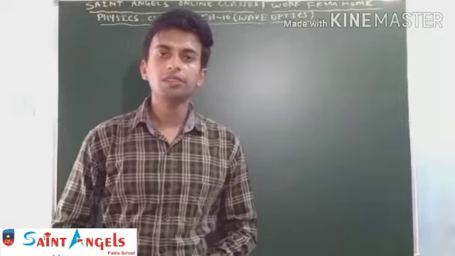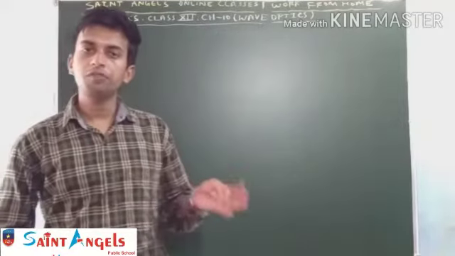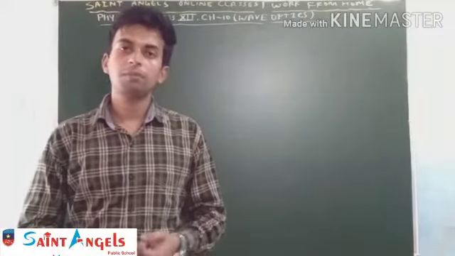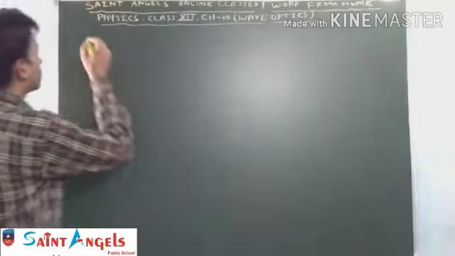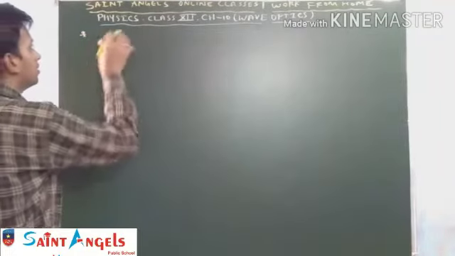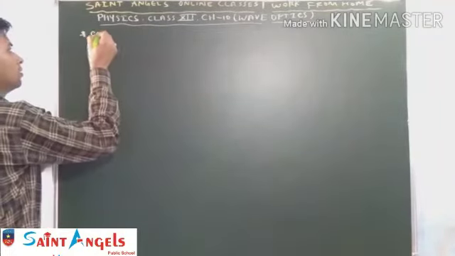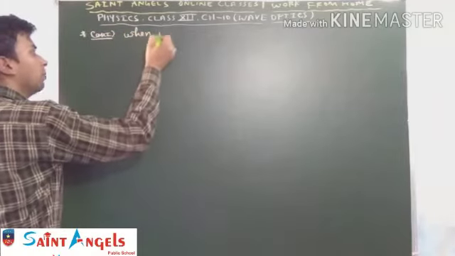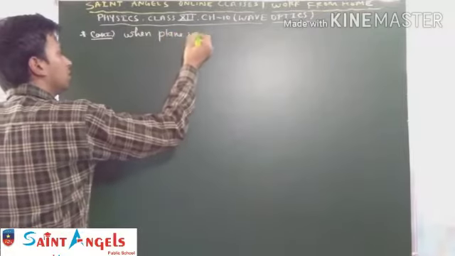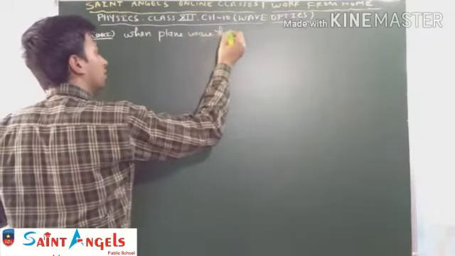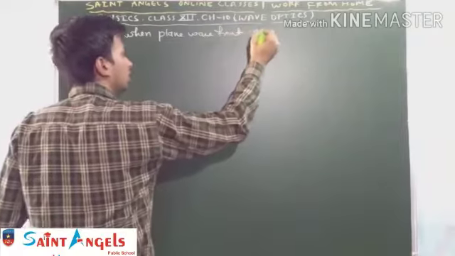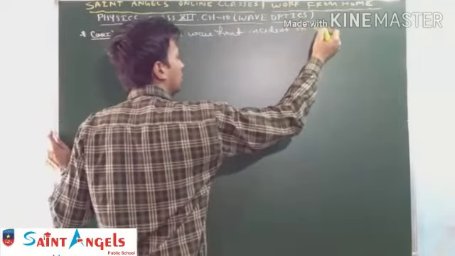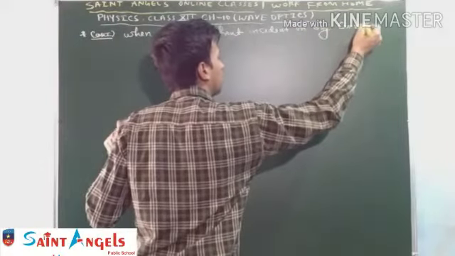Now student, let's understand what happens when a plane wavefront or spherical wavefront is incident on any lens or mirror or prism. Firstly, we discuss when a plane wavefront is incident on a convex lens.